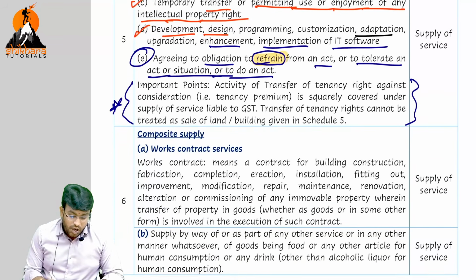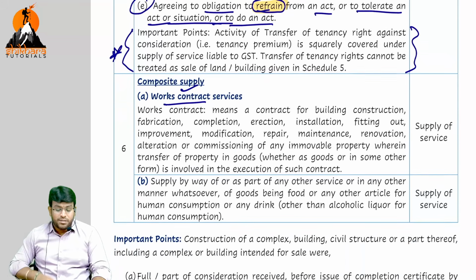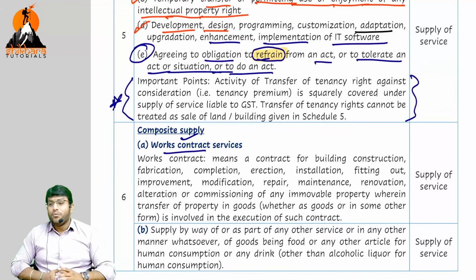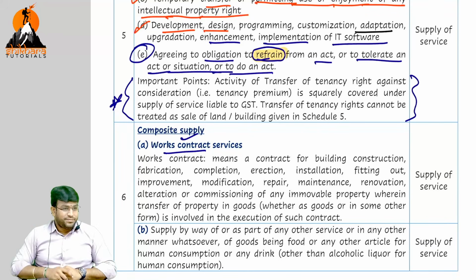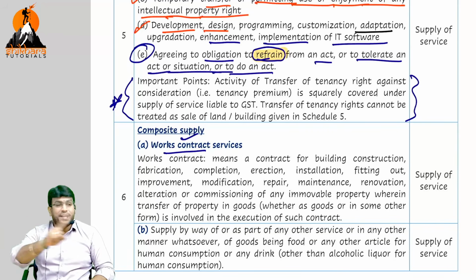Next. Composite supply. Works contract. Sir, what is works contract? Works contract is a contract where there is element of goods as well as service. For example, I called one painter and I gave one paint box to him and I told him, paint this entire room.